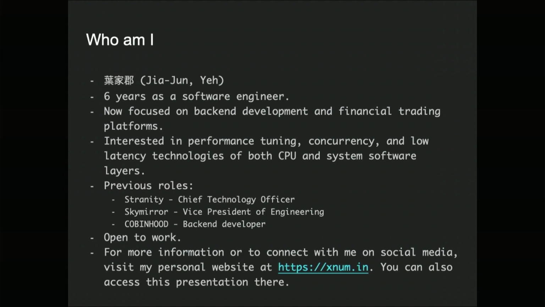Let me start by introducing myself. I am Jia Junye. I'm a software engineer with 6 years of experience. Lately, I've been focusing on backend development, especially in financial trading. I love it because it comes with many intriguing challenges like performance tuning, concurrency, and low latency technologies, mostly related to CPU architecture and the system software layers.